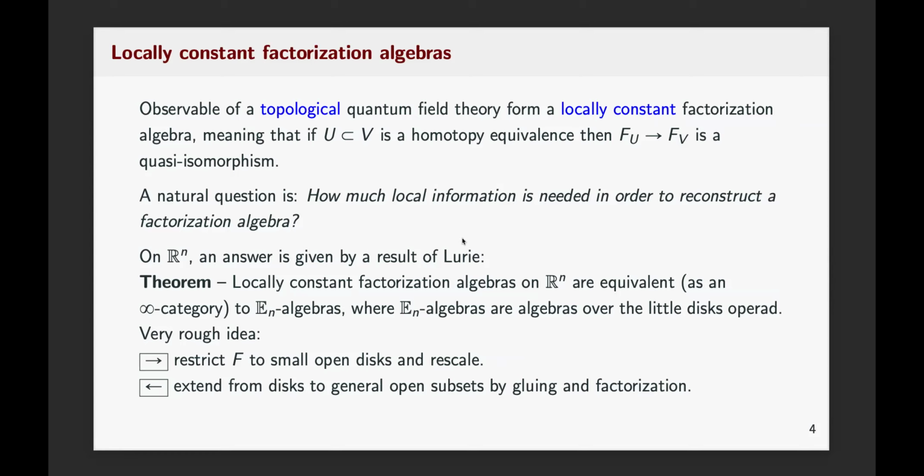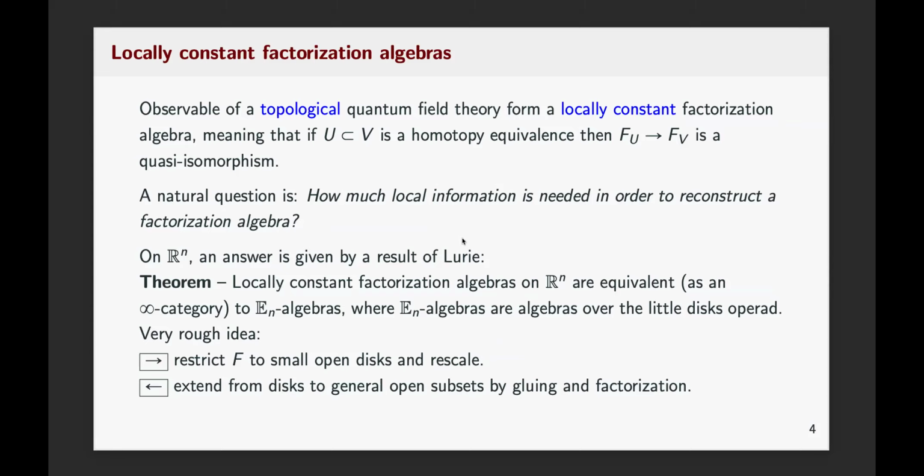And whenever you have a bunch of homotopies between such configurations, the corresponding operations should be homotopic to each other. In particular, there's some commutativity up to homotopy here, because if you're looking at a configuration of two disks, there's a clear homotopy that swaps the two disks.